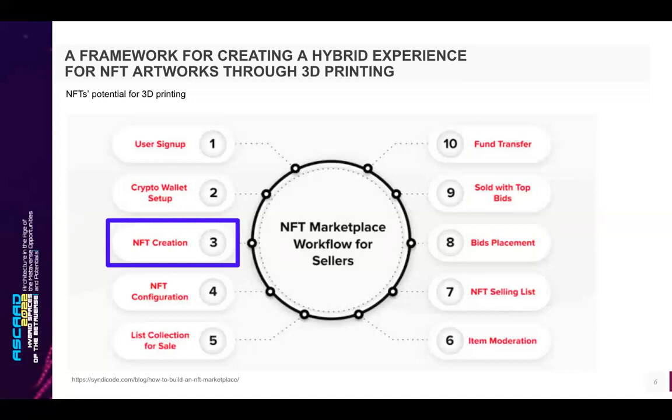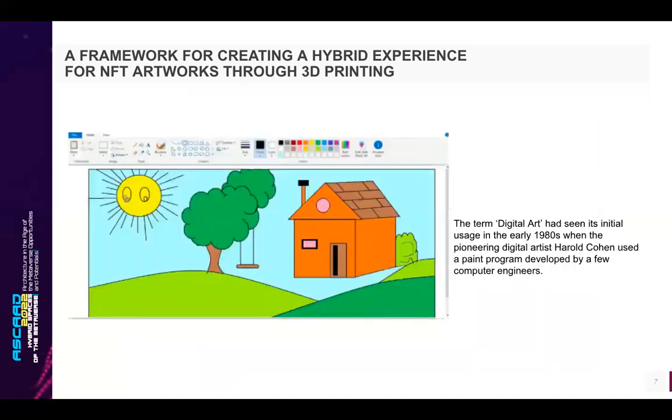So in terms of NFT creation, the NFTs are already digital by nature. So you create your NFT on software on your computer, and then you upload your NFT to the platforms that sell NFTs, and that's why there is a lot of potential, because the digital file is already there. So this is a screenshot from Paint.